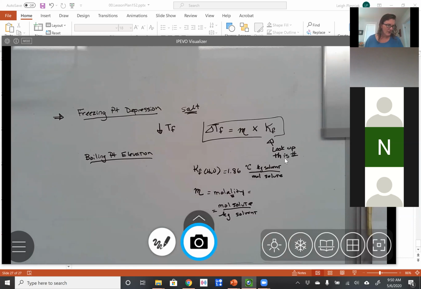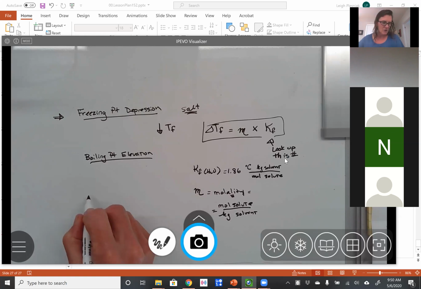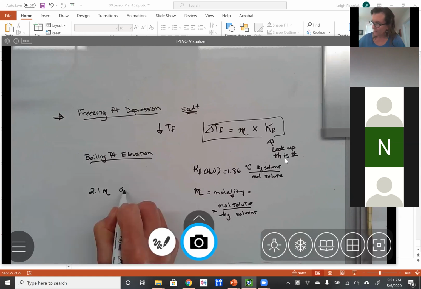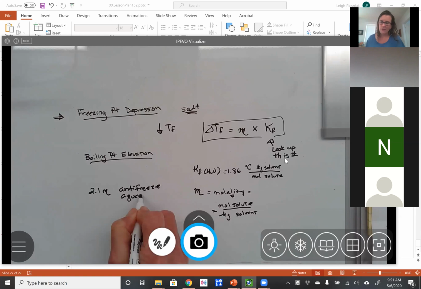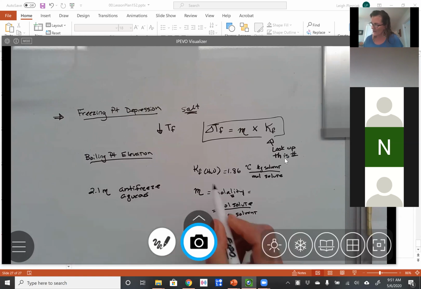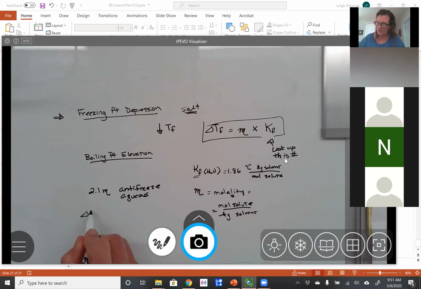So if you are given a solution, and ethylene glycol is antifreeze, and you're given a 2.1 molal solution of antifreeze, and it's aqueous, so we'll use the constant for water. They don't give you any other values of Kf other than the one for water, so just expect to use that one. We can calculate the change in the freezing temperature.